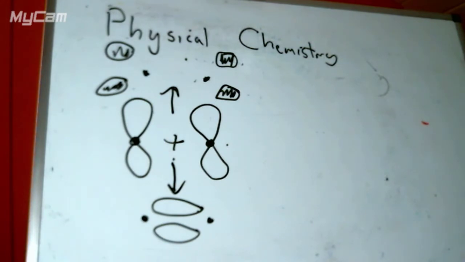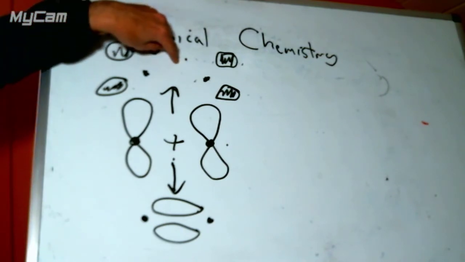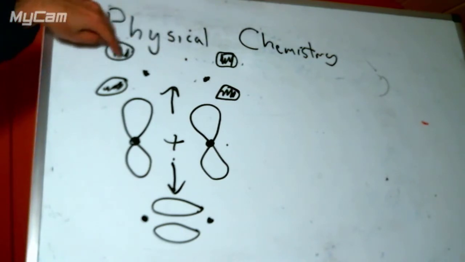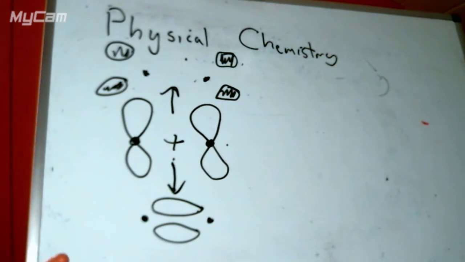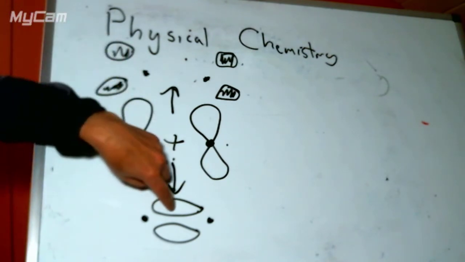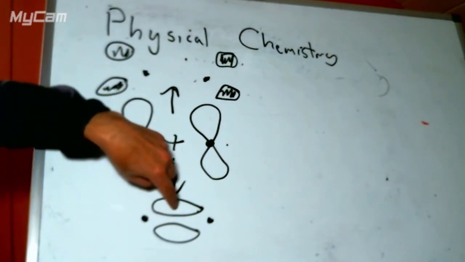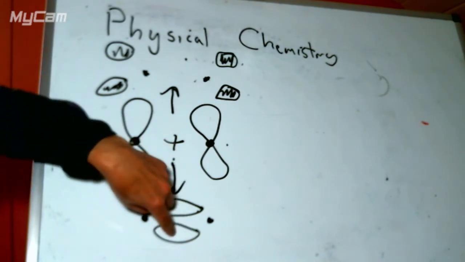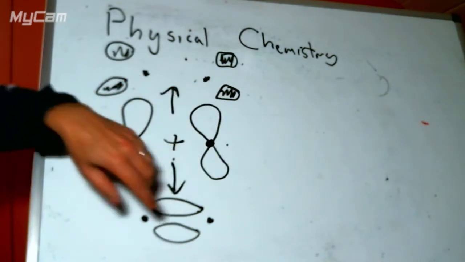If we excite an electron into an antibonding orbital, we're kicking it from here into a place where it's out here. We've got a standard quantum mechanics mental problem, that this orbital is in fact all the same. They're all the same. So if there's an electron in this orbital, it's up here and down here at the same time. It just sort of jumps from one to the other.